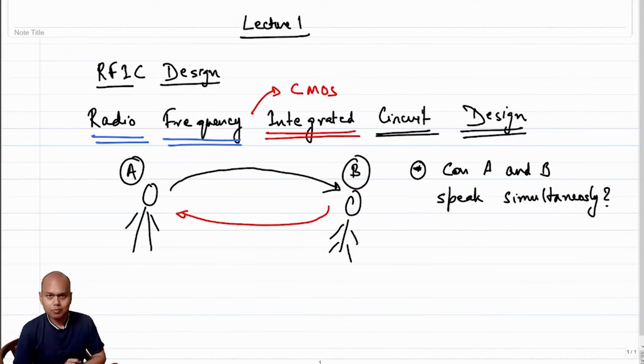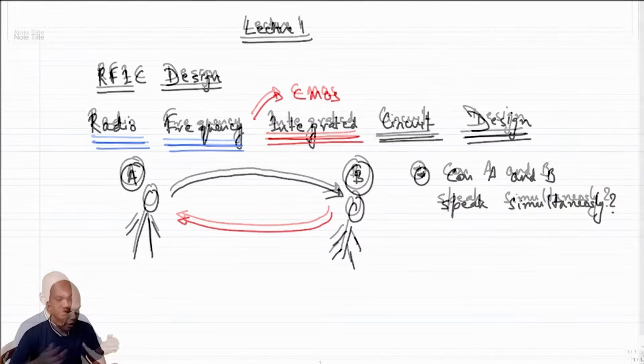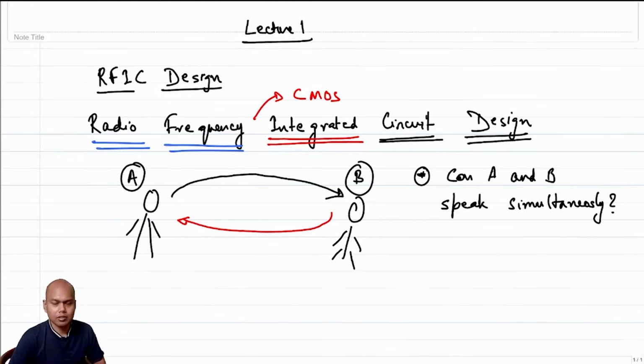Obviously no, right? So what's the problem if speaker A and B speak simultaneously? Nobody is hearing each other. So I might be thinking that I am making perfect sense, but why is B not listening? Or B might be thinking I'm making perfect sense, but why is A not listening? The whole problem is both of them are speaking simultaneously.